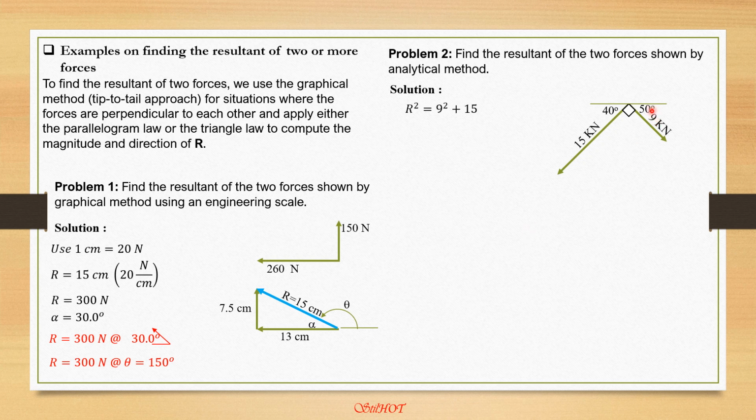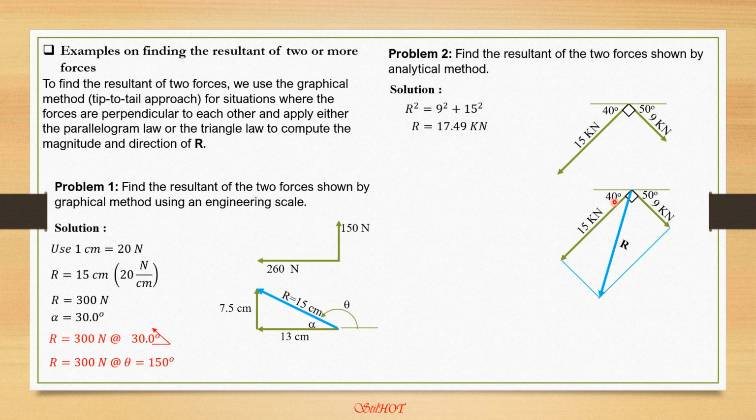So R squared by Pythagoras theorem is 9 squared plus 15 squared. Therefore, from here, this is the resultant by parallelogram law. So R is 17.49 kilonewtons.